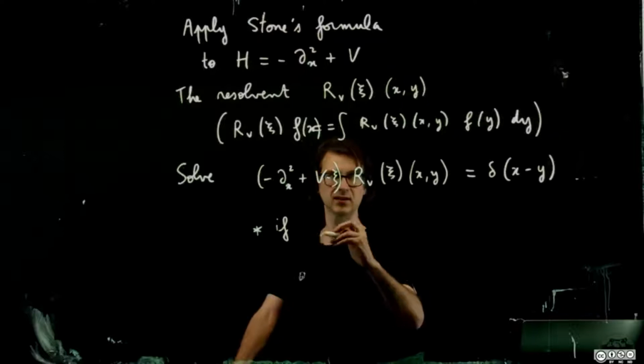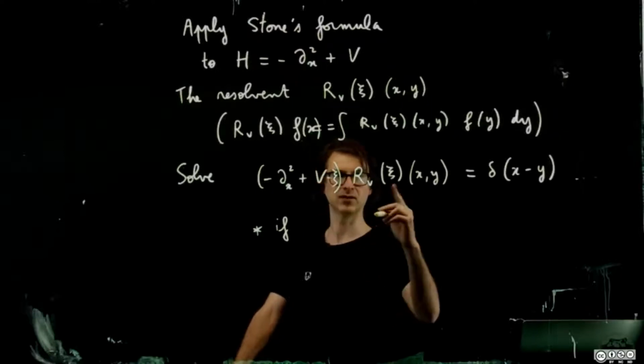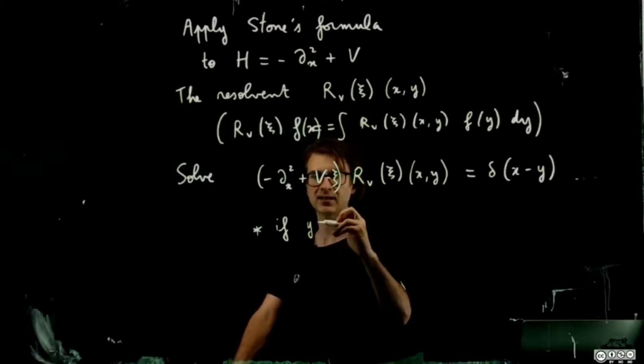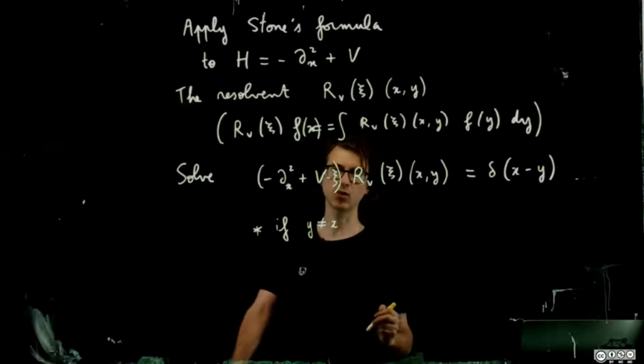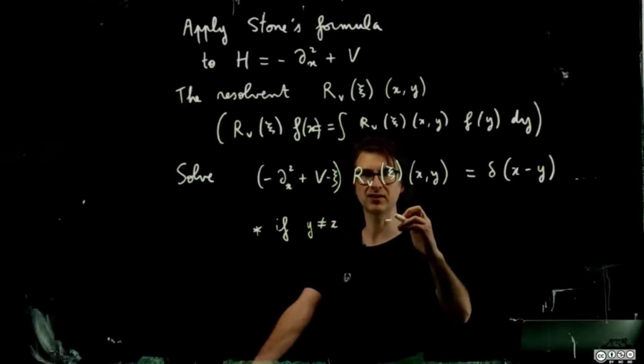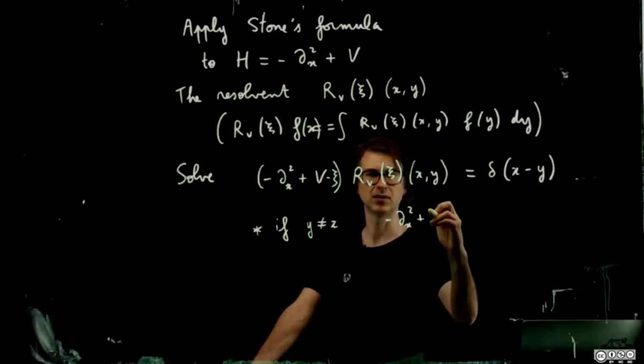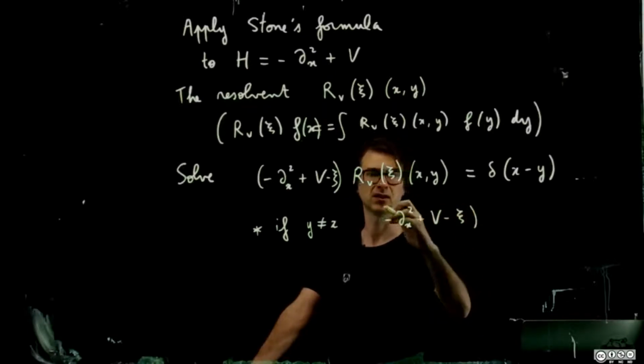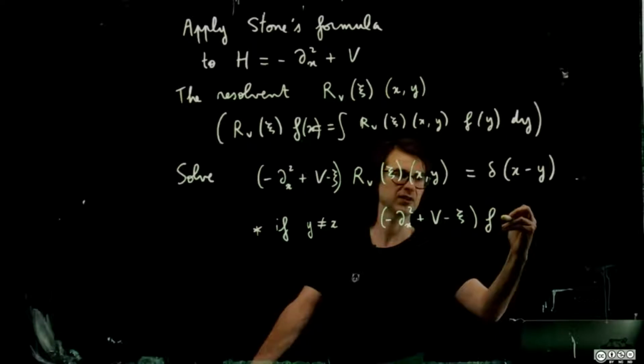So you see that if y is different from x, then all we are actually solving is minus dx squared plus v minus xi applied to a certain function f equals 0.